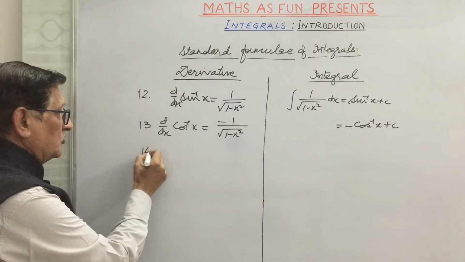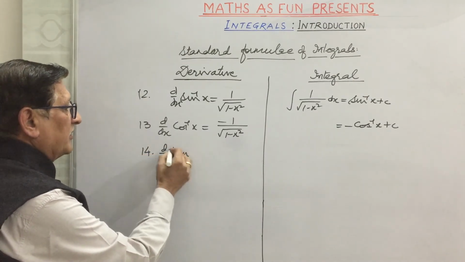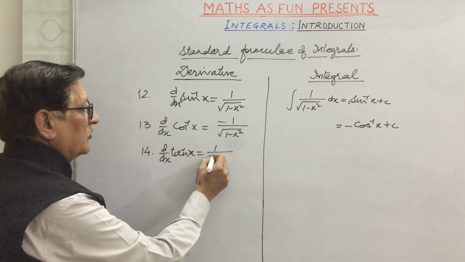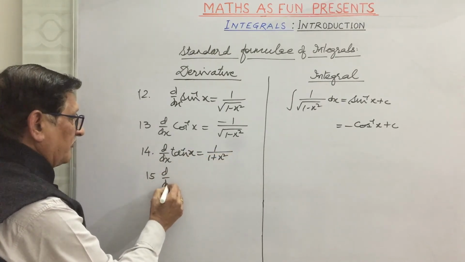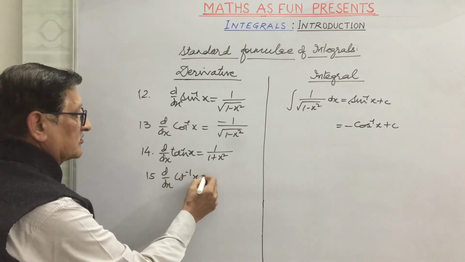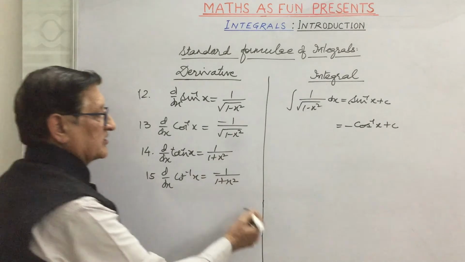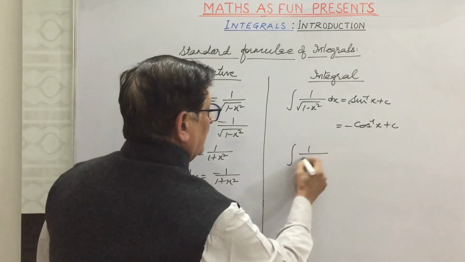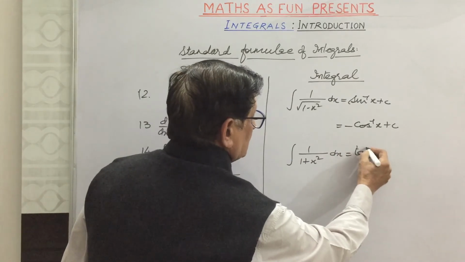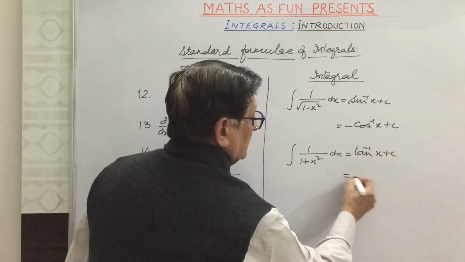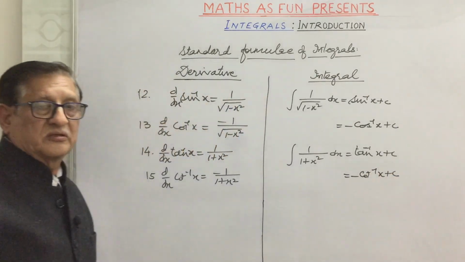The next two formulae we have, 14th is d by dx of tan inverse x is 1 upon 1 plus x square and d by dx of cot inverse x is minus 1 upon 1 plus x square. So can we say here that integration of 1 upon 1 plus x square is tan inverse x plus c, and also it is minus cot inverse x plus c.